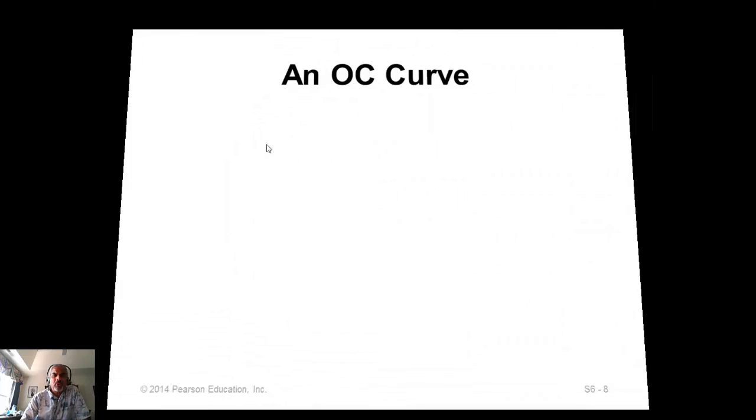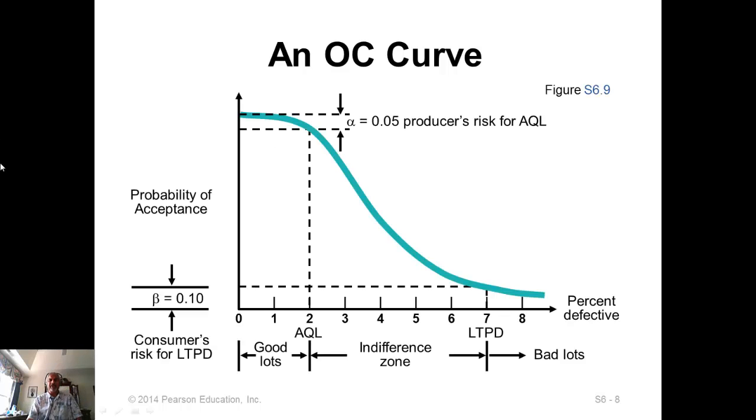So this is what the OC curve will look like. Under normal circumstances, this is the curve, and this is supposed to be a good lot, AQL, but by the time you get to AQL, the probability of accepting has declined a little bit. So this is the probability of accepting the lot. So there is a small chance of rejecting the AQL lot.